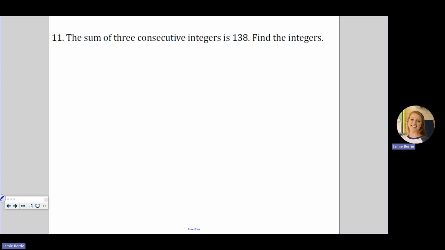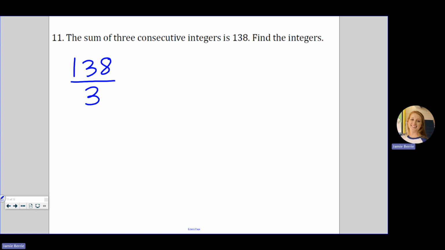What was the quick, fast way I showed you how to do this? You divide by 3, because that's how many numbers we want in total, 3 answers. It'll give you the middle one, because this is really like the average, the mean.